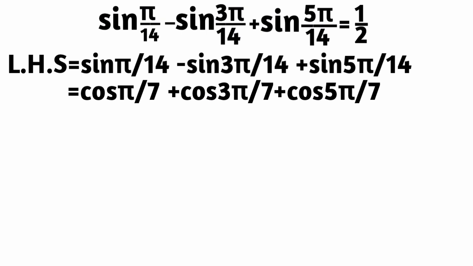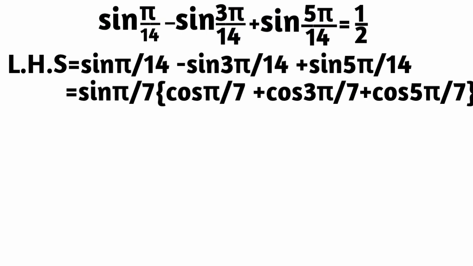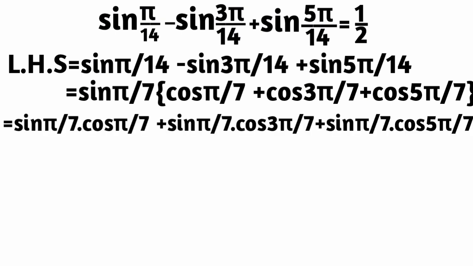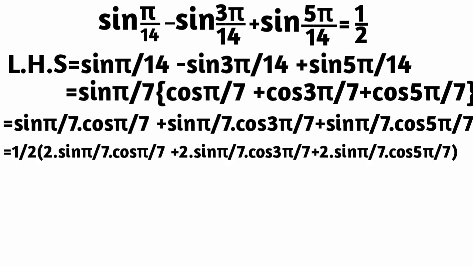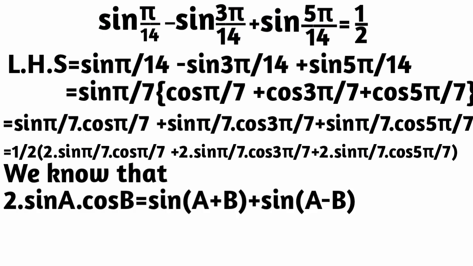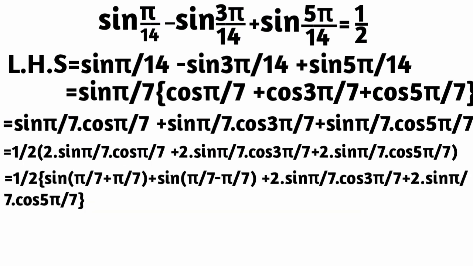Now we are going to use a concept, that is, we multiply this expression by sin pi by 7. Why I am doing this will become clear after some time. By multiplying all three terms by sin pi by 7, every term is multiplied by sin pi by 7, and we also multiply by 2 and divide by 2 so that we can use the formula 2 sin A cos B equals sin (A plus B) plus sin (A minus B).